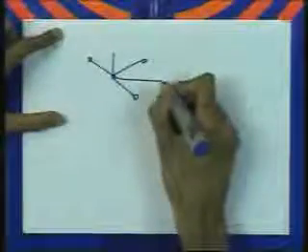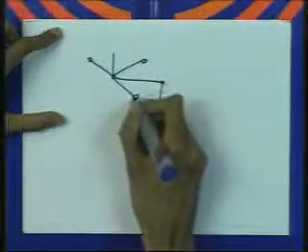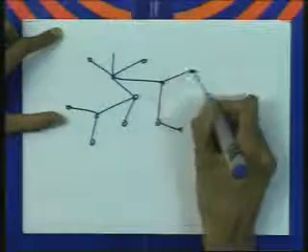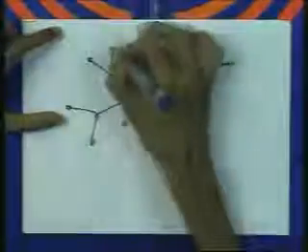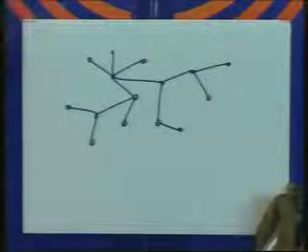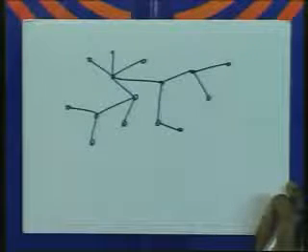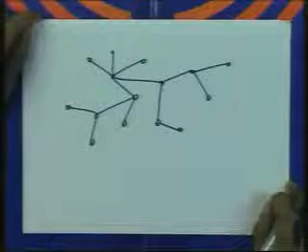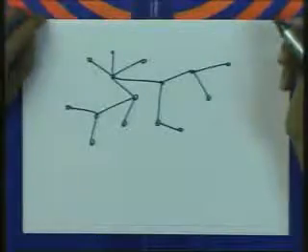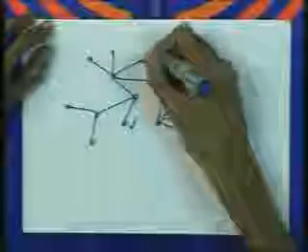So let's take an example tree. Let's say this is the tree in question, and we would like to pick a maximum independent set in this tree. Supposing you have some subset which is an independent set, let's say this, and so on.